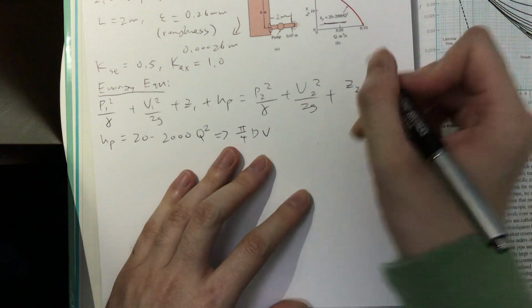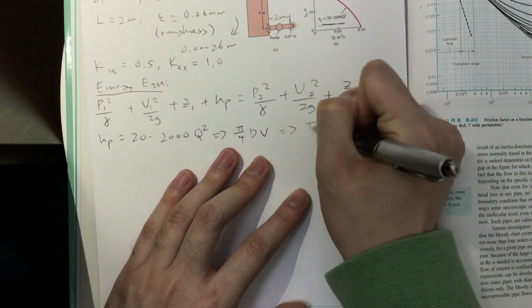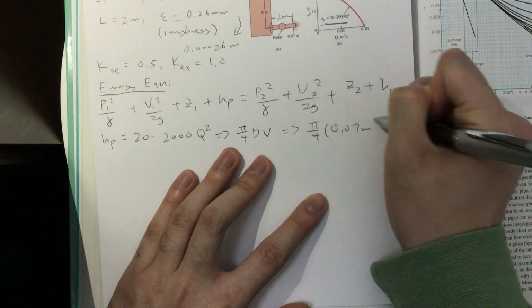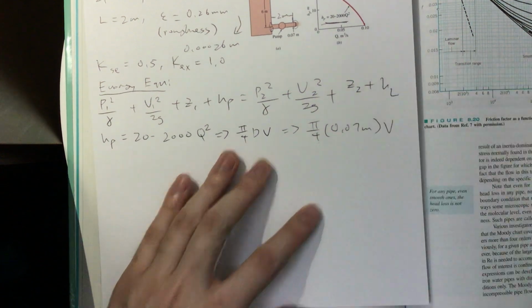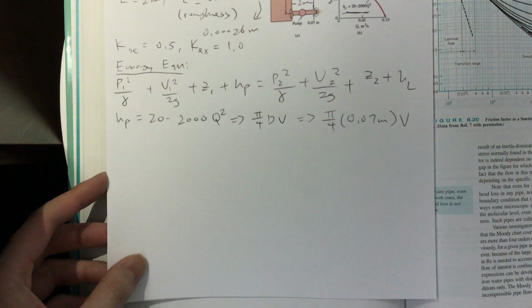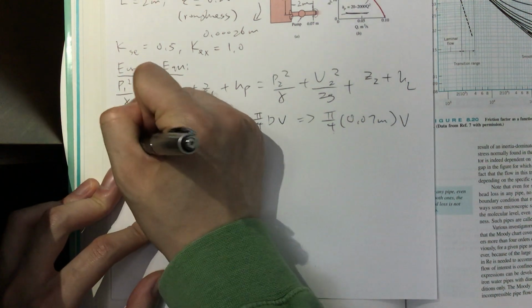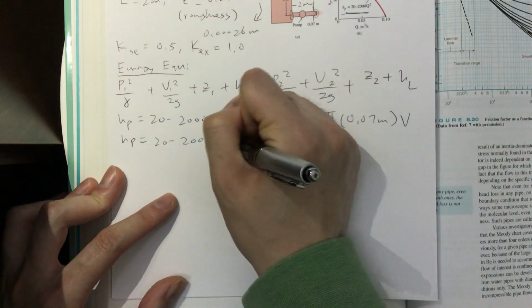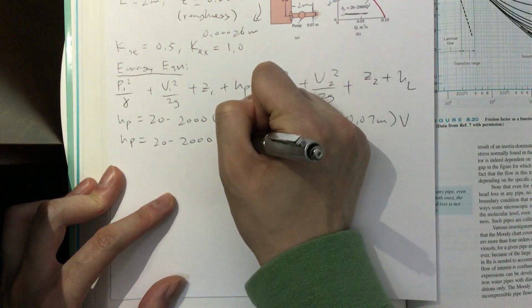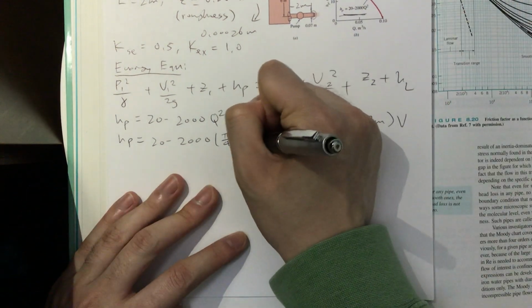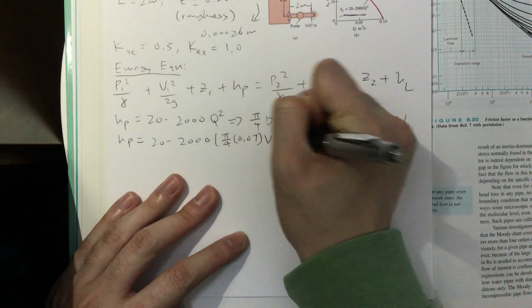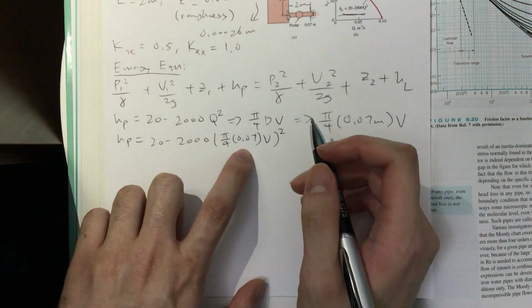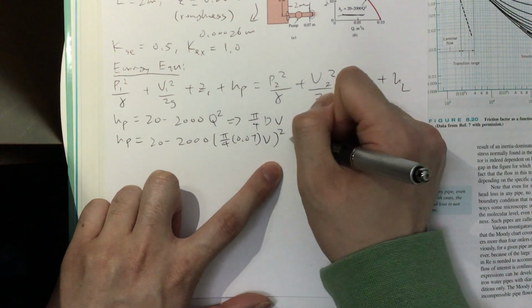So, pi over 4, 0.07 meters, V. Plug the whole thing in. HP equals 20 minus 2000 pi over 4, 0.07 V squared.